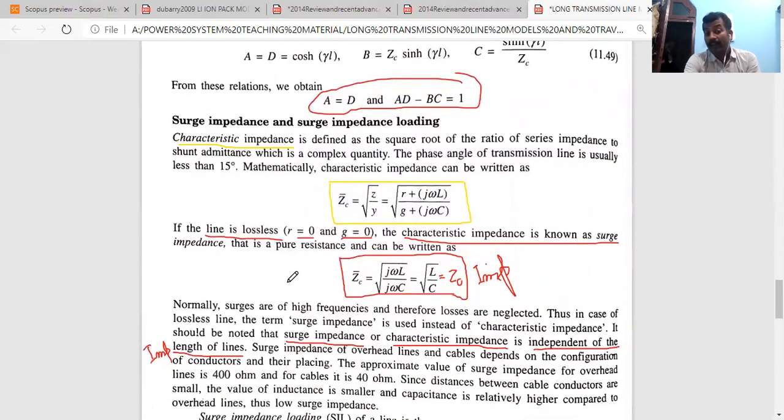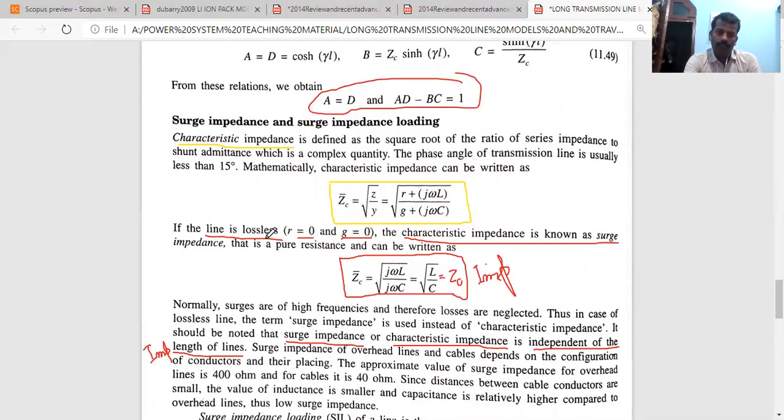If the line is lossless, when will the line be lossless? When the resistance of the transmission line is equal to 0, or the conductance of the line is 0. This is the resistance of the series path, and this is the conductance of the shunt path.